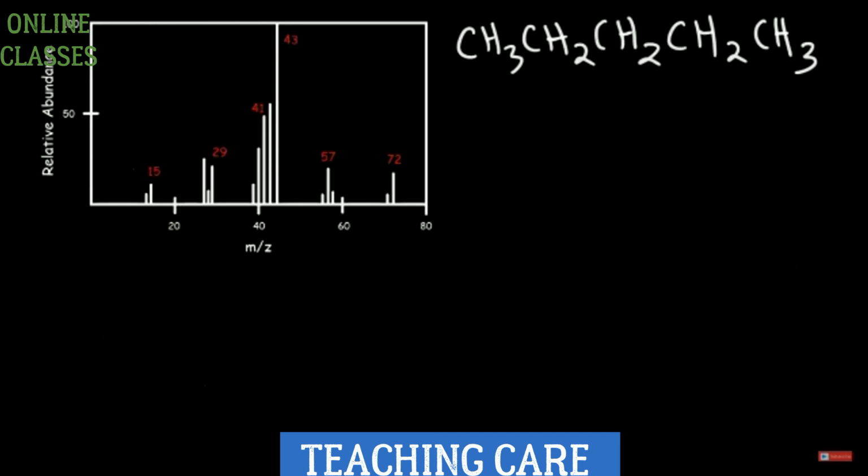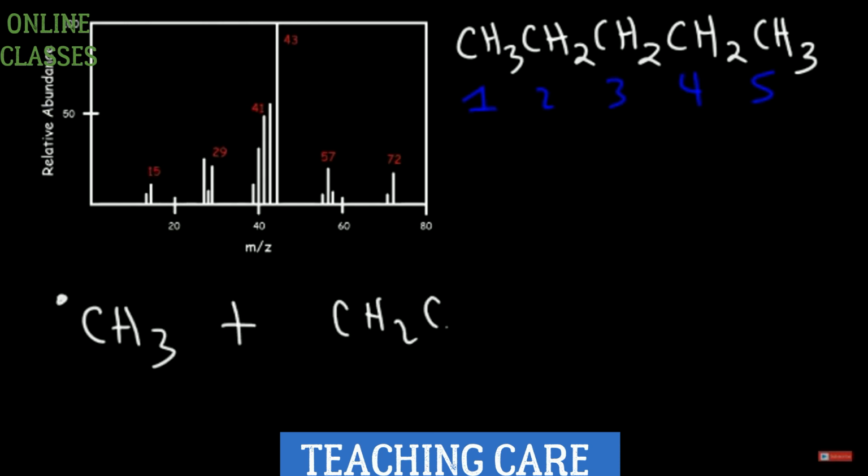So let's call this carbon 1, 2, 3, 4, 5. Now, if we break the C1-C2 bond, it can split up into a CH3 group and a butyl group. Typically one is going to be a radical and the other one is going to have a positive charge.